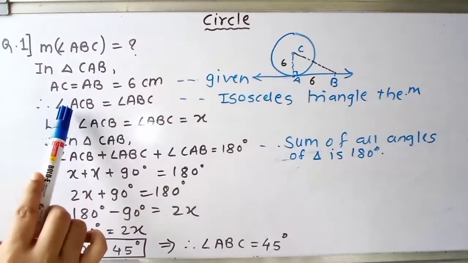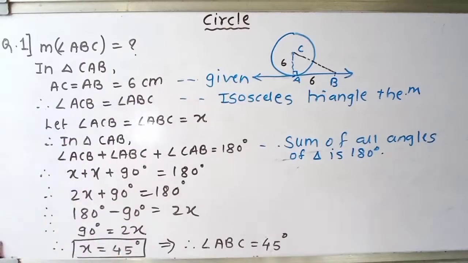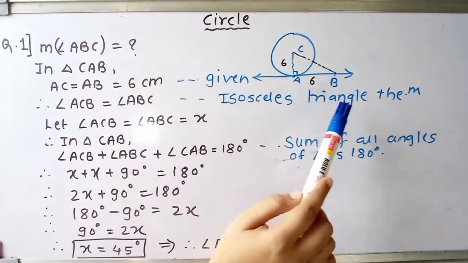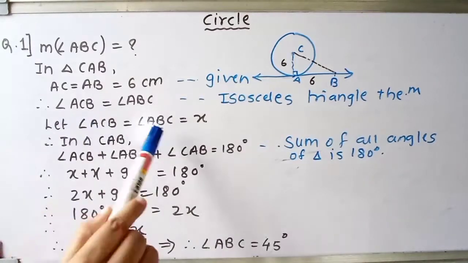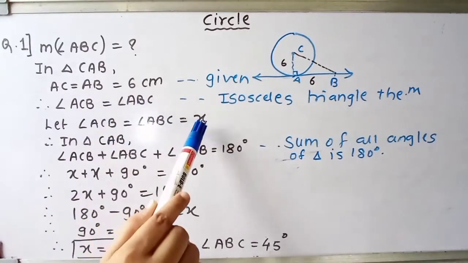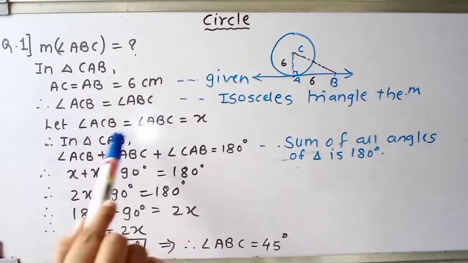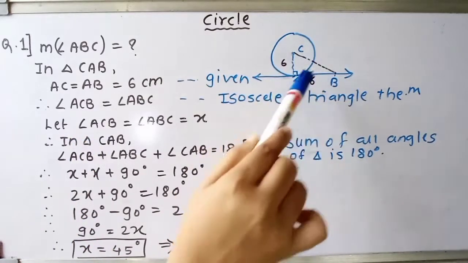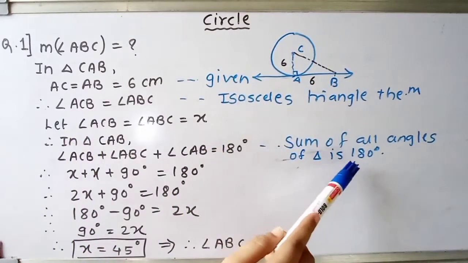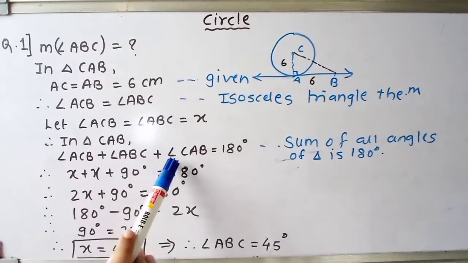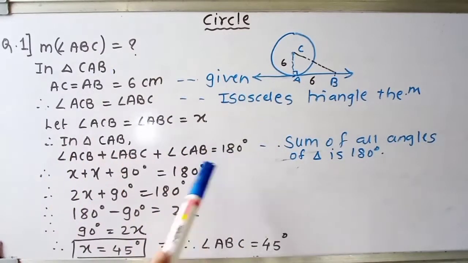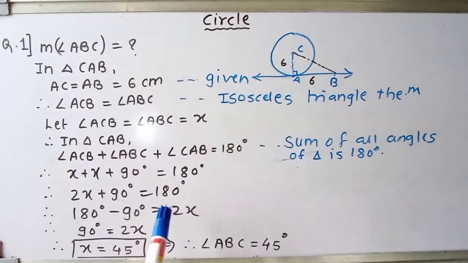So the next statement is angle ACB equal to angle ABC, and the reason is the isosceles triangle theorem. Now assume the measure of this angle is x, okay? In triangle CAB, the sum of all the angles of a triangle is 180 degrees, yes or no? So write down angle ACB plus angle ABC plus angle CAB is equal to 180 degrees.